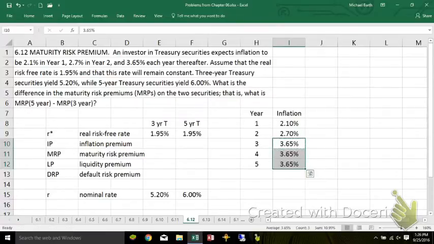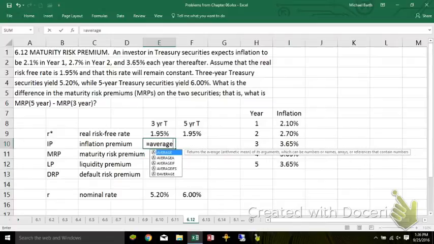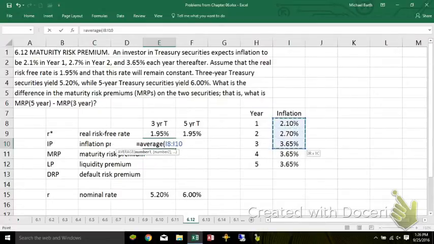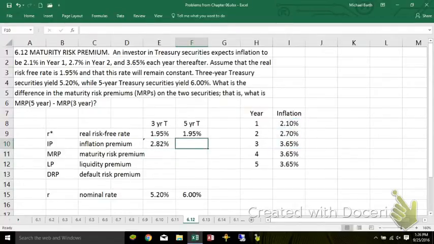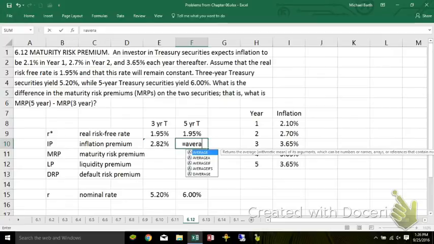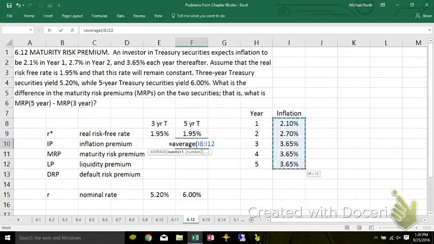So to get the inflation premium for a 3-year treasury, I take the average inflation over the next 3 years. To get the average inflation for a 5-year, I take the average over the next 5 years.